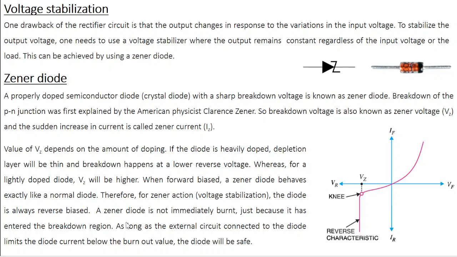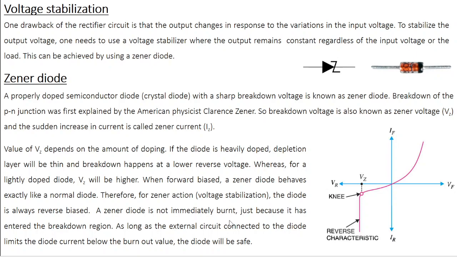you are not going to use a Zener diode alone, because the main application is voltage stabilization. So the output of the Zener diode is going to be given to a load or another circuit, right? If you look at your household, typically you connect a voltage stabilizer to a refrigerator or a TV, right? So you have a load circuit here.